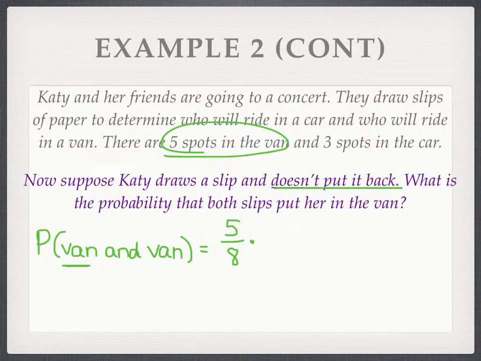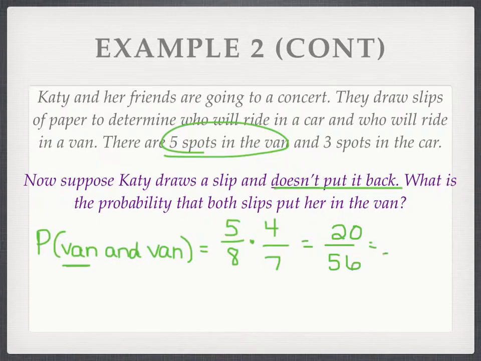So there are no longer 5 van slips of paper. There are now 4 because she threw one away. And there's no longer 8 to choose from. There's 7. So these are not independent events because the probability did not stay consistent from one draw to the other. Multiply straight across still, and I get 20 out of 56.